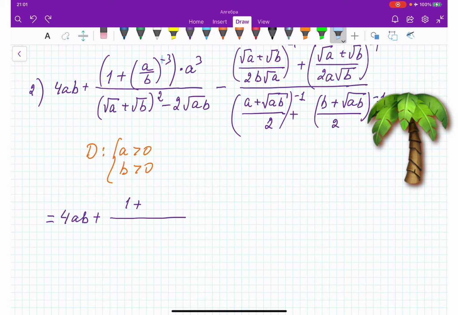I'm going to flip, make it positive, and distribute this cube. It's going to be b cubed, oops, I'm sorry, b cubed divided by a cubed, right? I distribute it and flip it because of the negative sign. So when you have a negative exponent, the denominator comes to the numerator, and the numerator goes to the denominator. That is the rule, based on the property of negative exponents.